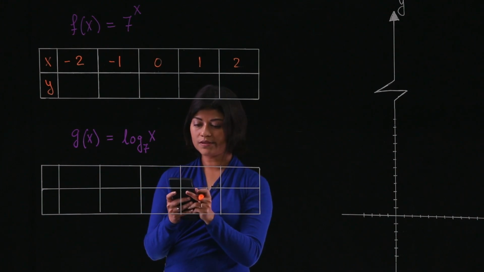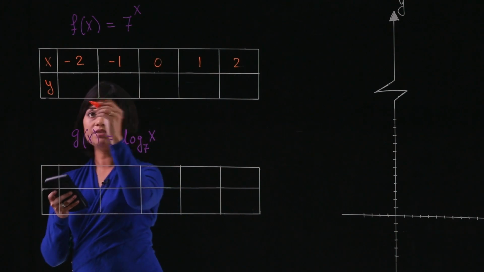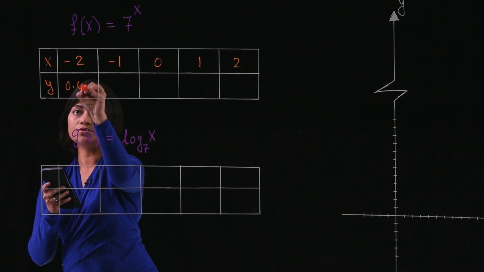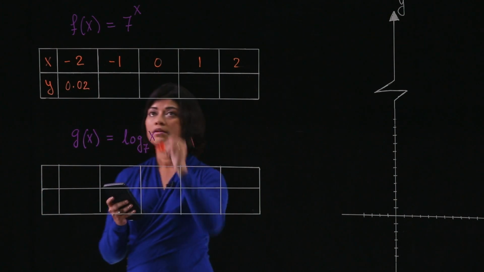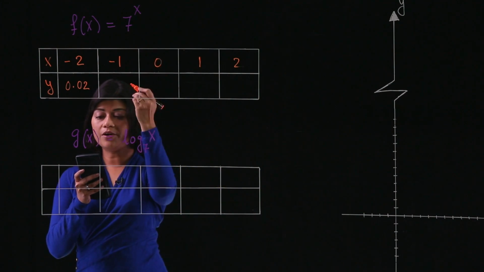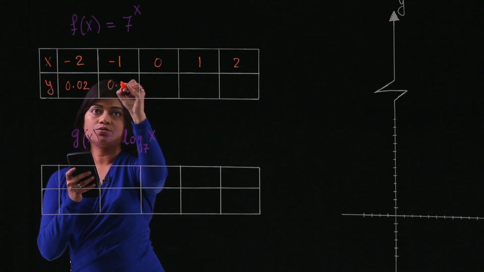Okay, so let's see. When x is -2, 7 to the power -2 is approximately 0.02. Then when x is -1, 7 to the power -1 is about 0.1.